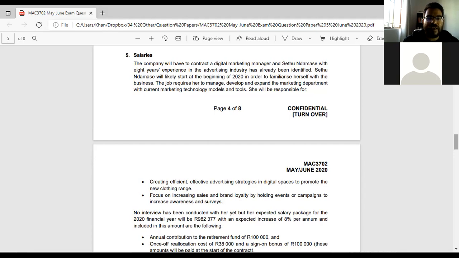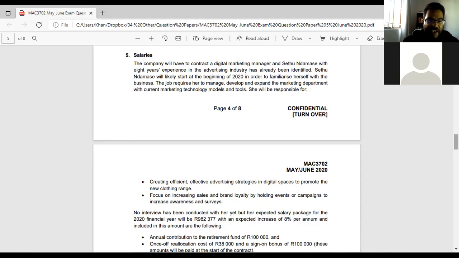The job requires her to manage, develop, and expand the marketing department with current marketing technology, models, and tools. She will be responsible for, bullet point number 1, creating efficient, effective advertising strategies in digital spaces to promote the new clothing range. Focus on increasing sales and brand loyalty by holding events or campaigns to increase awareness and surveys.